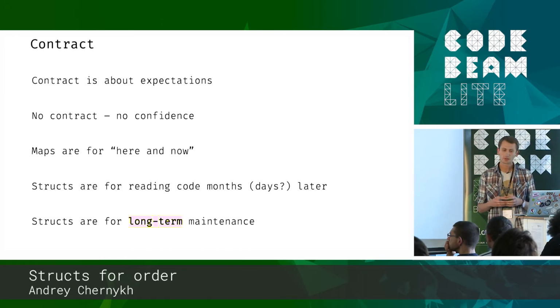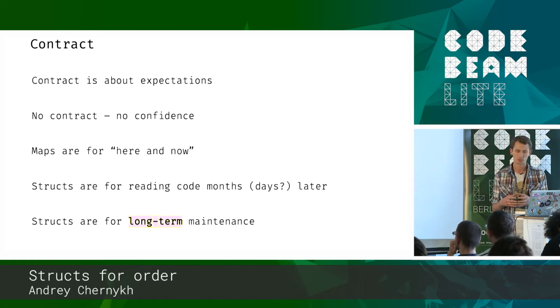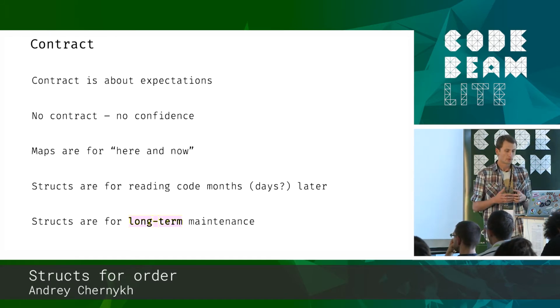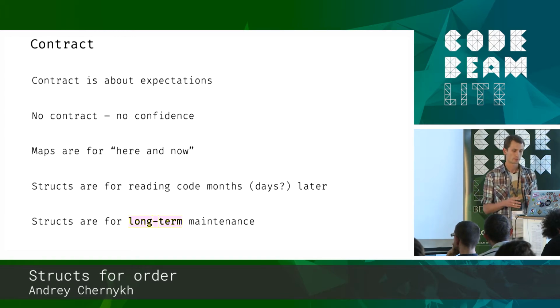Contract is something that we expect to get. Contract defines rules between parts of a project involved in some interaction, collaboration. Defining a struct, we describe and set some expectations.